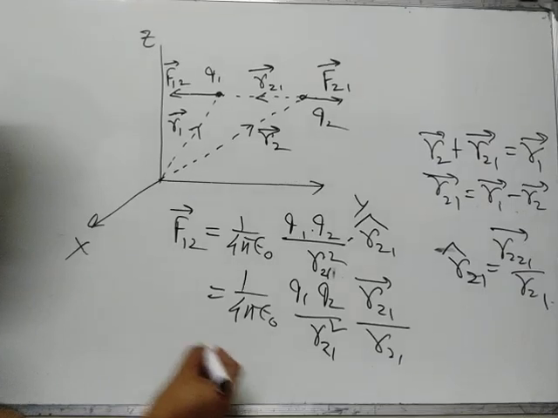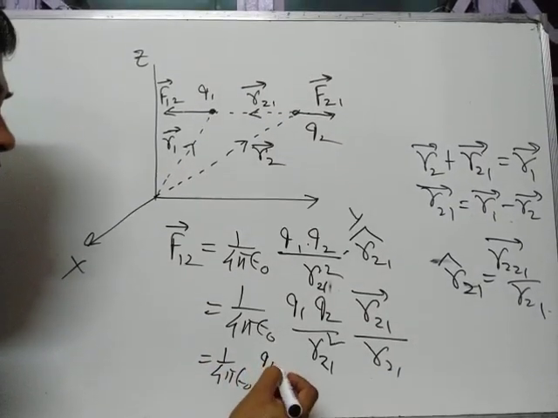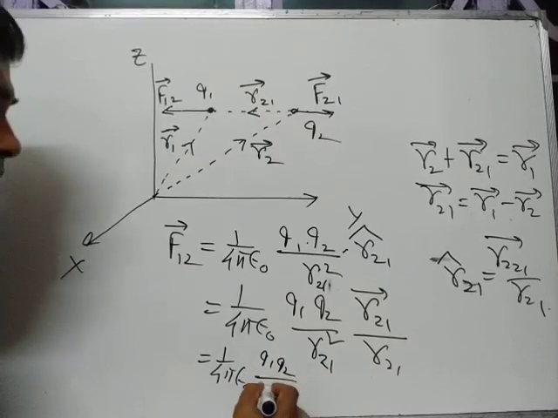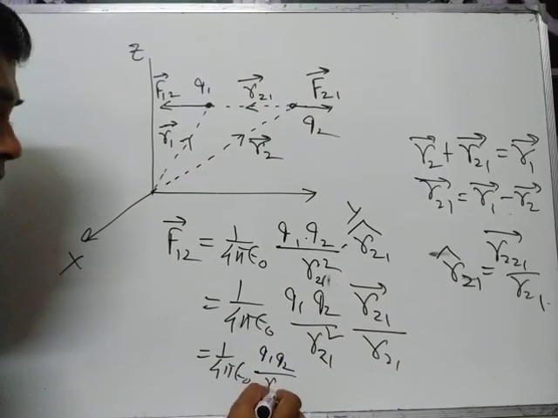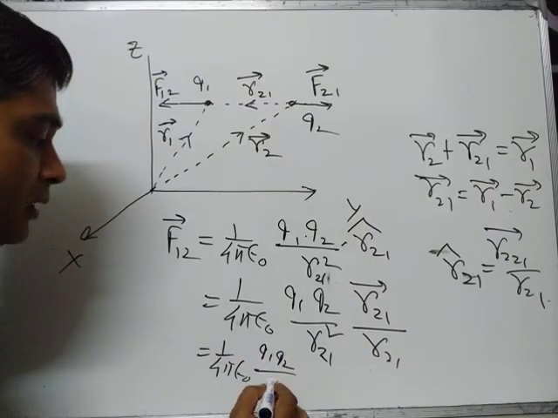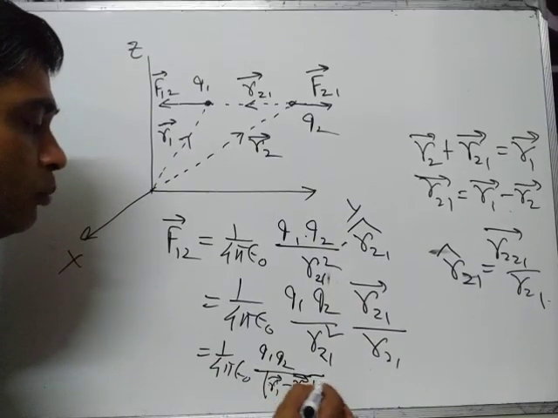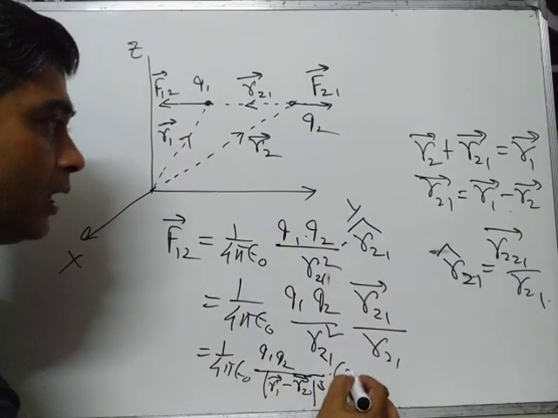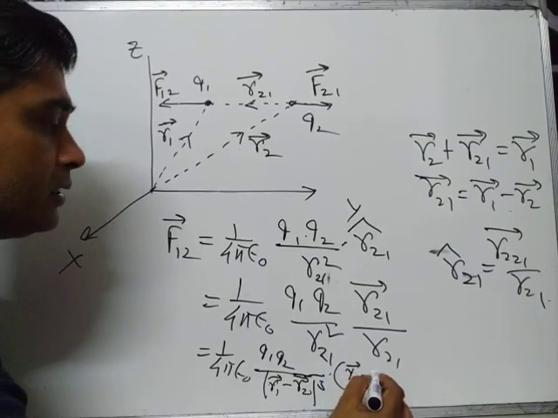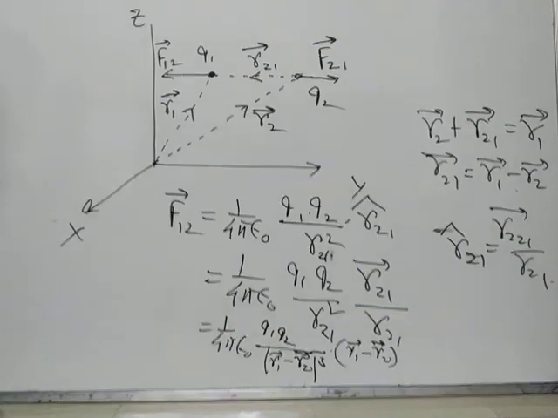That is 1 by 4 pi epsilon 0 q1 q2 divided by the magnitude of r1 minus r2 vector cubed, times r1 minus r2. This is the vector form.